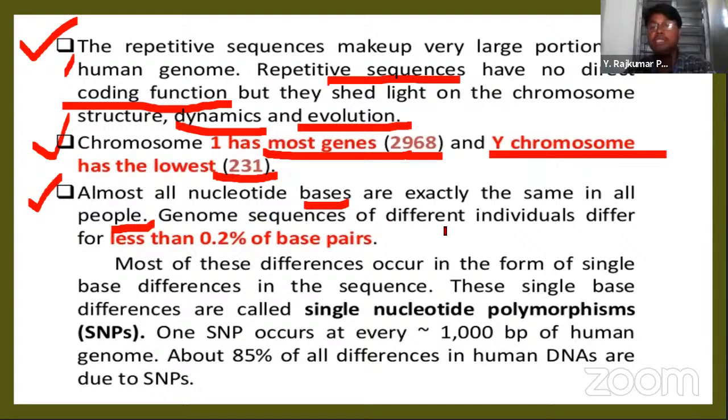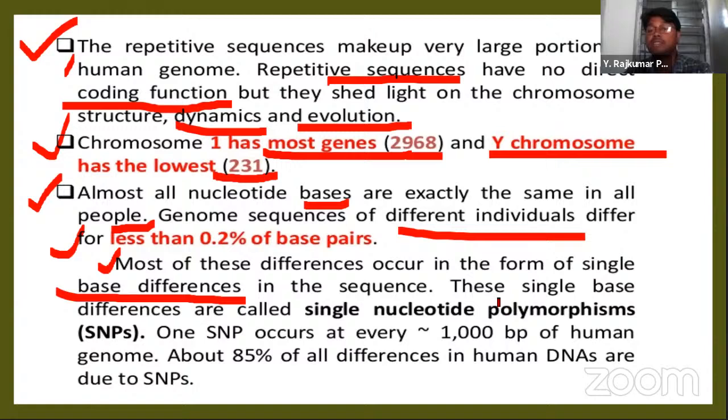But genome sequences of different individuals differ for less than 0.2% of the base pairs. So the basic difference is seen in the repetitive pattern of the base pairs. Most of these differences occur in the form of single base differences in the sequence. These single base differences are called single nucleotide polymorphisms.